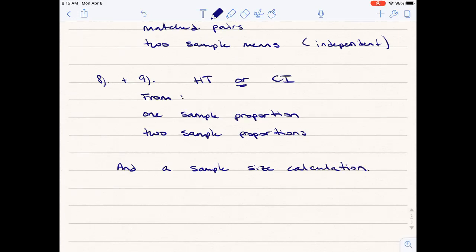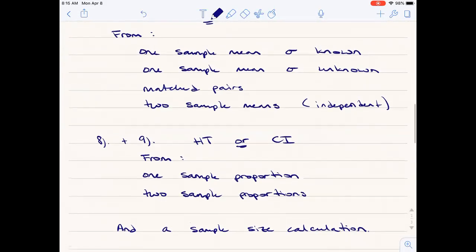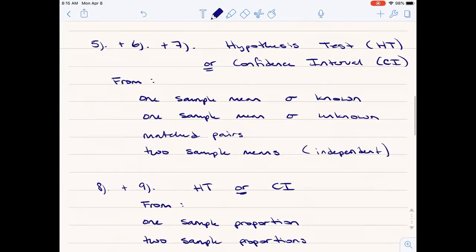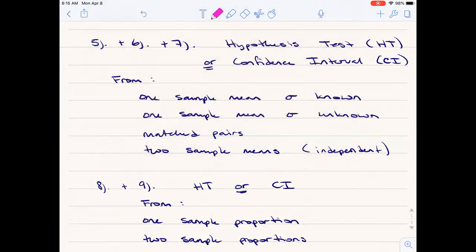Oh, I forgot to do a little cutoff after question 5, 6, 7, right? Because that was on test 2.